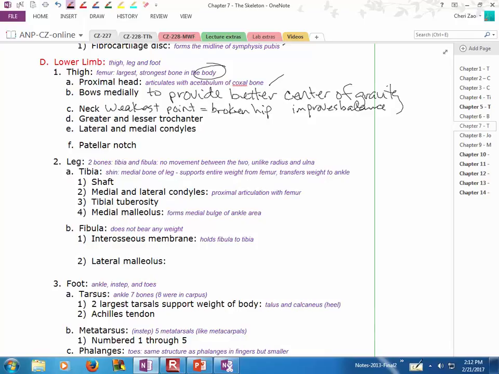We have greater and lesser trochanters, and these are obviously distal. Oh, excuse me, I meant condyles. These guys aren't distal. The trochanters are very proximal. I was off to the next topic. Greater and lesser trochanters are proximal, and they are muscle attachment sites.